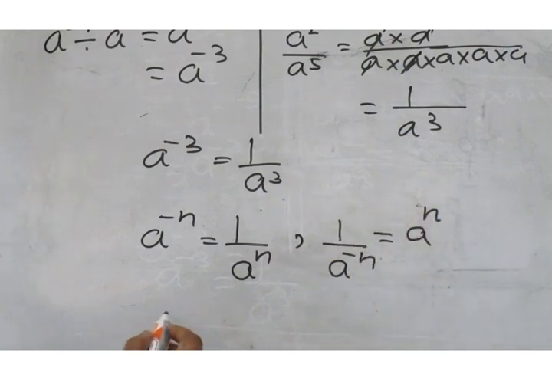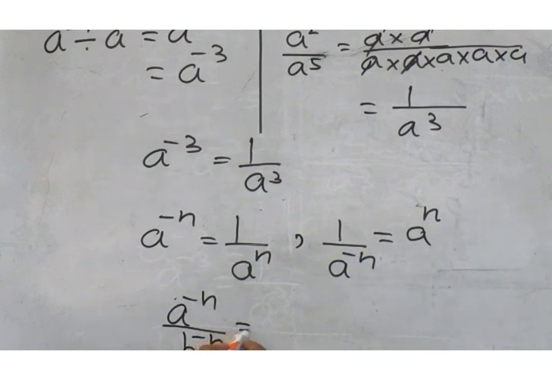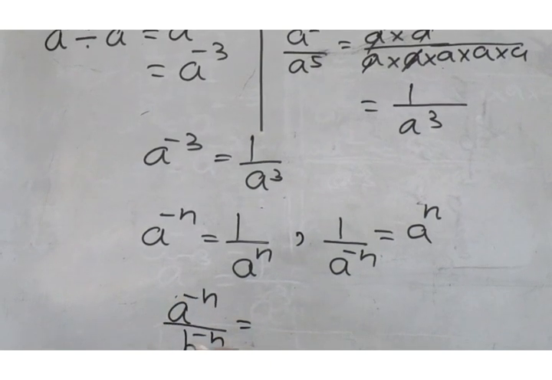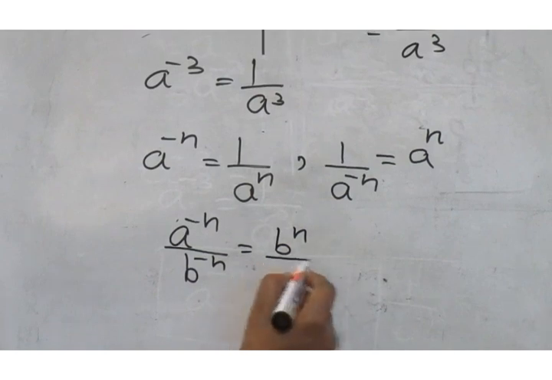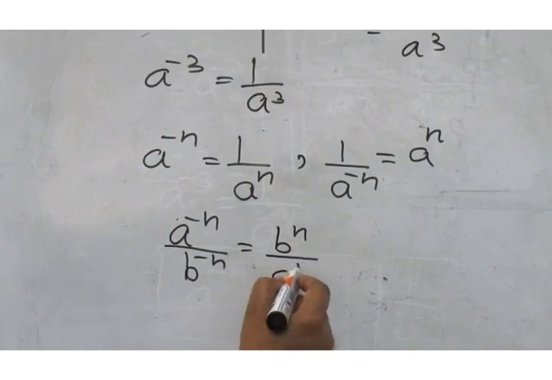And see this fraction: a to the power negative n over b to the power negative n, both indices are negative values, can be written as a positive index by taking the reciprocal, b to the power positive n over a to the power positive n.